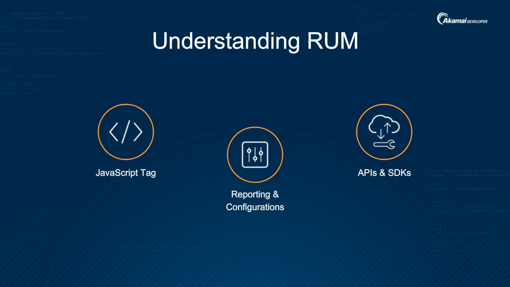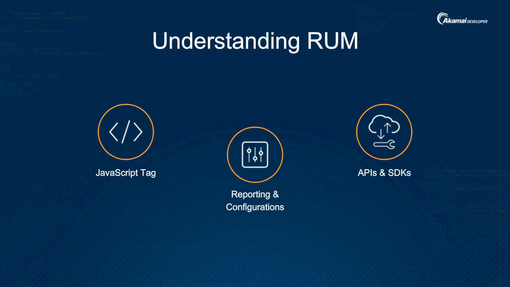The APIs and SDKs are offered by some real user monitoring providers, and these typically are designed to provide mobile application support, like SDKs for iOS and Android. They're also there to allow you to take data out of the RUM tool and use in your own custom reporting, or to send in information from disparate sources, back-end systems if you want, annotation, continuous integration, being able to see the impact of a particular build after you release it.